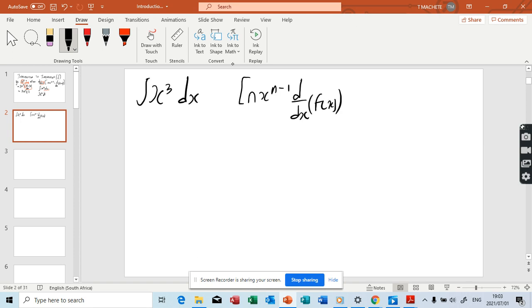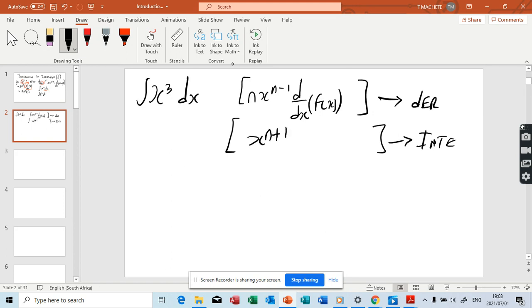So for integration, I'll just write der for derivative and int for integral. For integration, guys, you're gonna say x to the power n plus 1 over n plus 1.